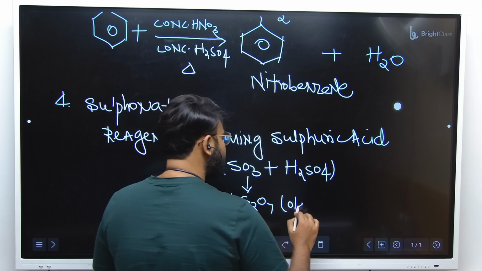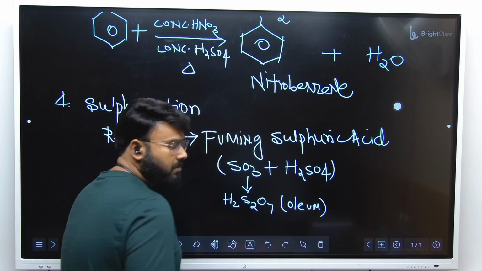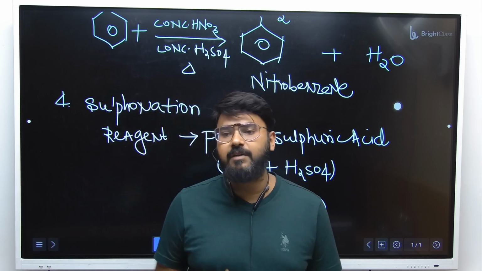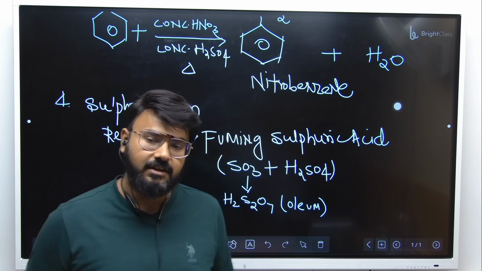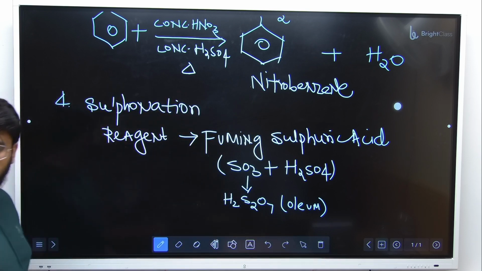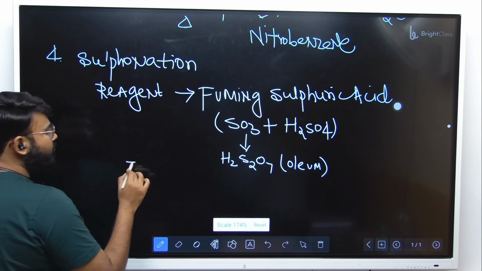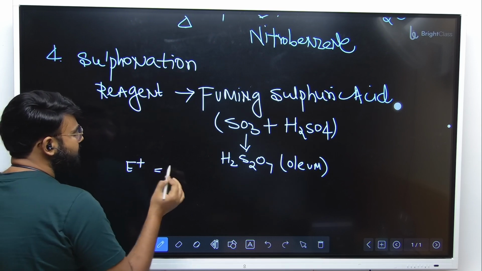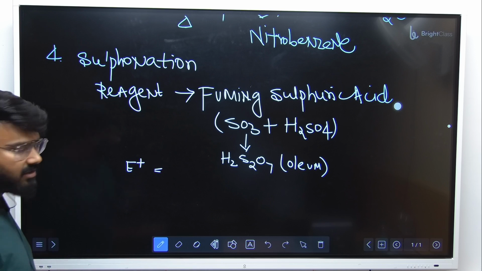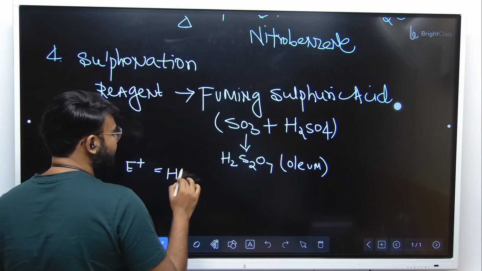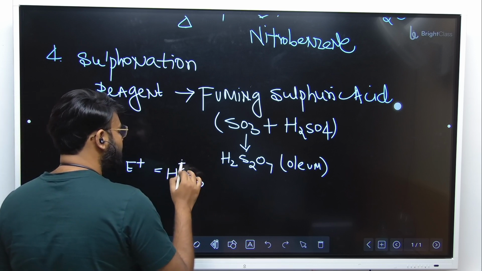This is called oleum. Remember, oleum is a substance we use in manufacturing of sulfuric acid. Now, what will the electrophile be here? So in this reaction, the electrophile is HSO3 plus.